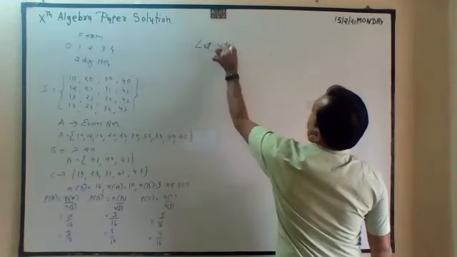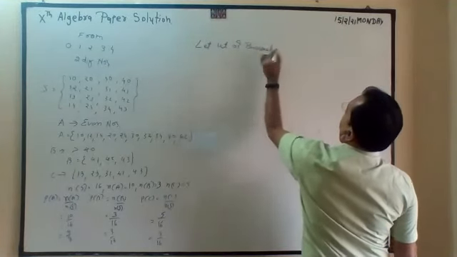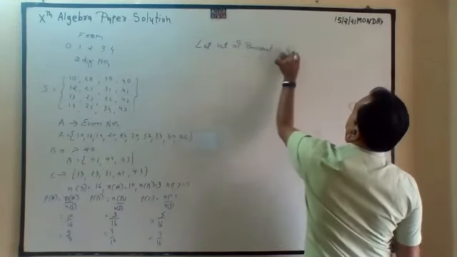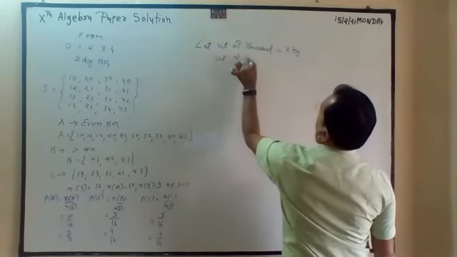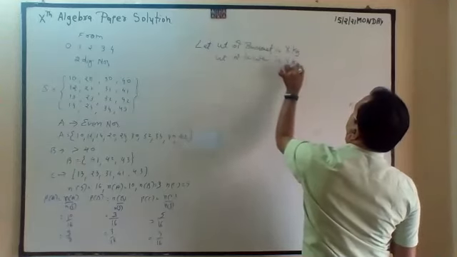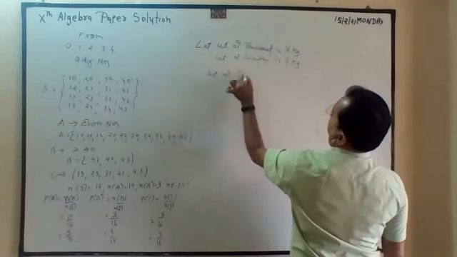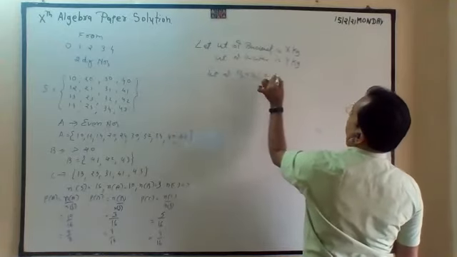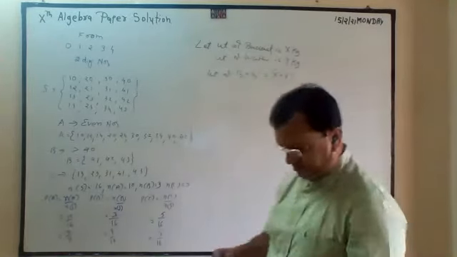Let the weight of the bucket be x kg, and the weight of water be y kg. So the weight of bucket plus water, if it is fully filled, is x plus y, that we need at the end.